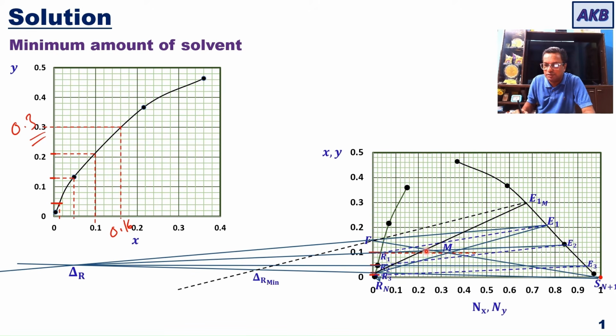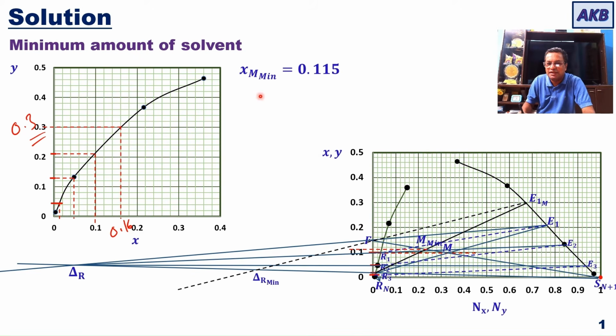So this is the intersection point. And that will give me M that corresponds to minimum solvent, and I am calling it M minimum. And then I will read the Y coordinate of this point that will give me XM minimum, XM for minimum amount of solvent.